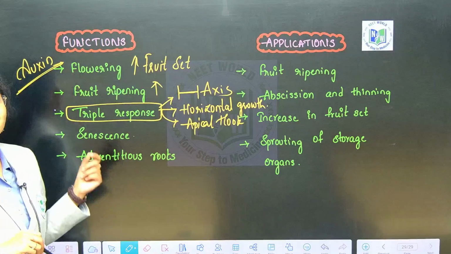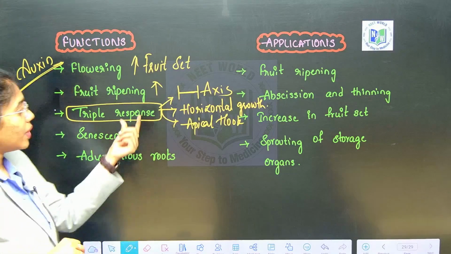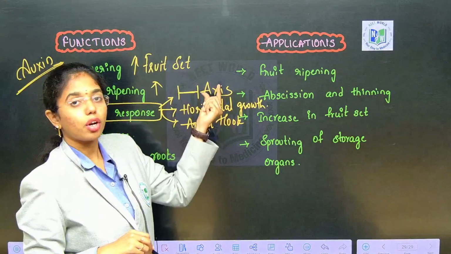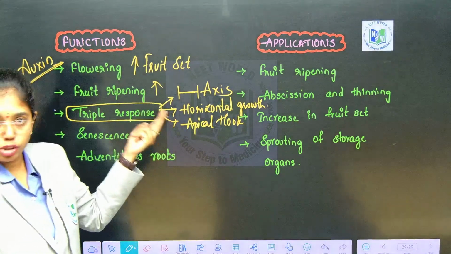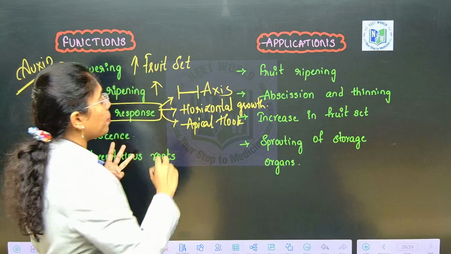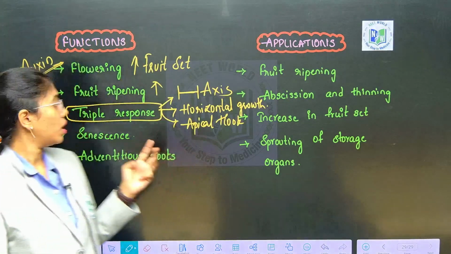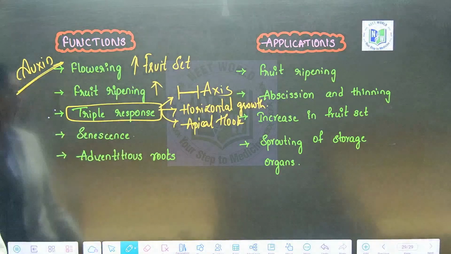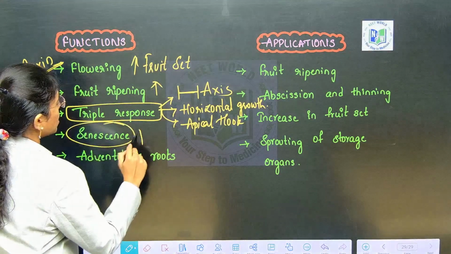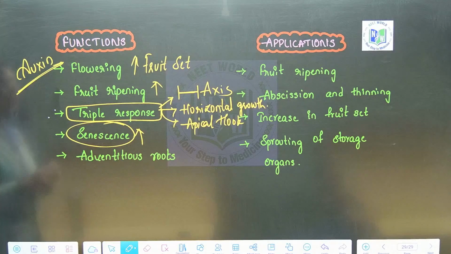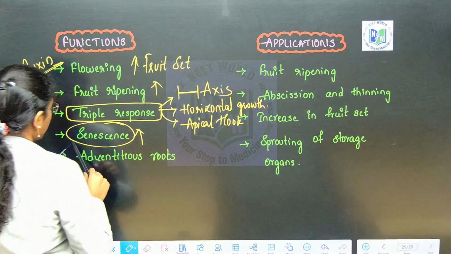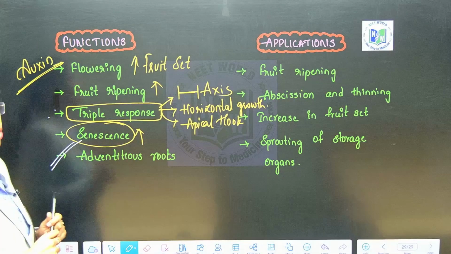In the rice seedling it is observed that it will increase the width or diameter of the main axis of the seedling. Second, it will promote horizontal growth, and third, apical hook formation is observed. This is the triple response, and it will increase senescence. Senescence is promoted by ethylene, and adventitious root formation is also observed.